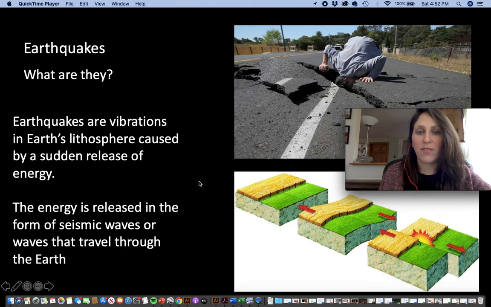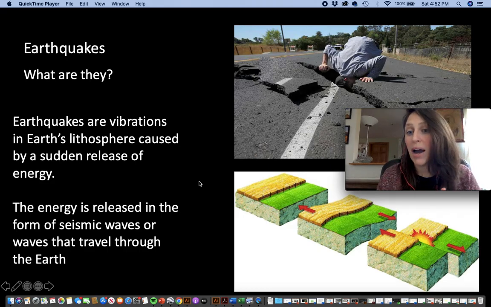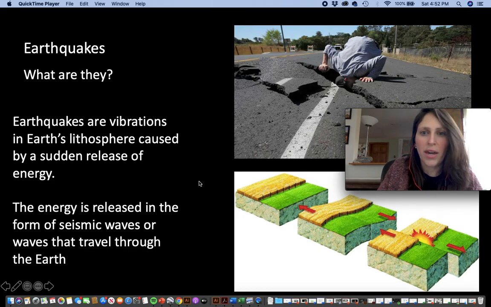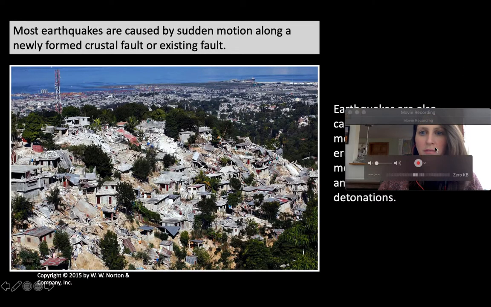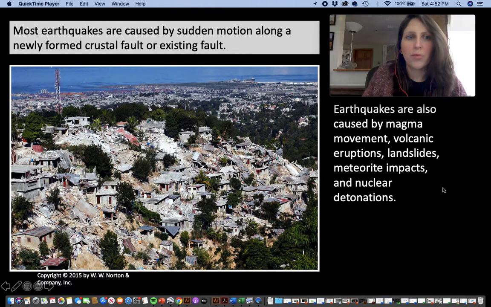When we have earthquake activity, we have a rupture in the Earth's lithosphere that releases all of the energy that was built up by friction. Most of the earthquakes we have are caused by faults, which is what we looked at last week.